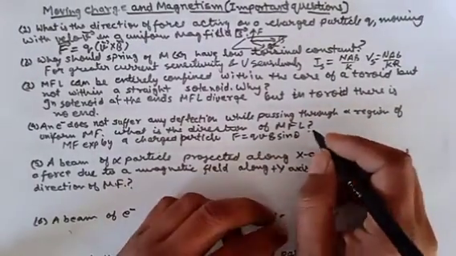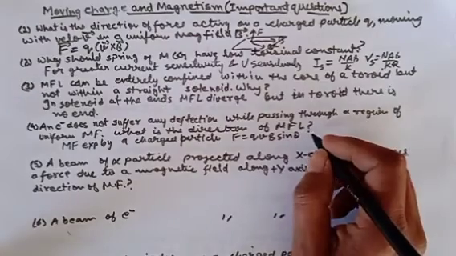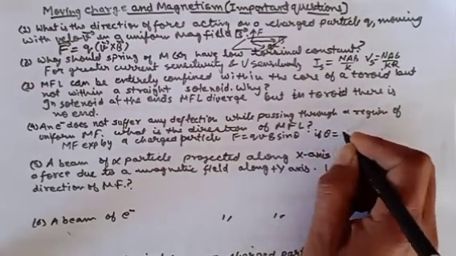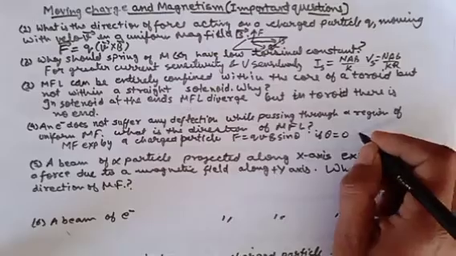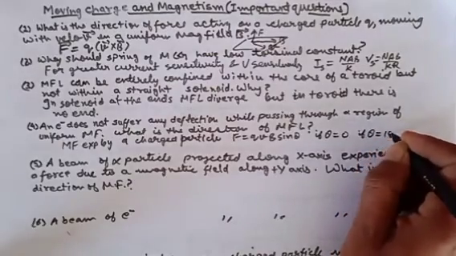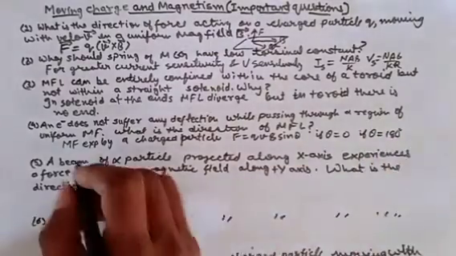Now there are two possibilities: one, if theta is equal to 0, and second, if theta is equal to 180 degrees, F is equal to 0.